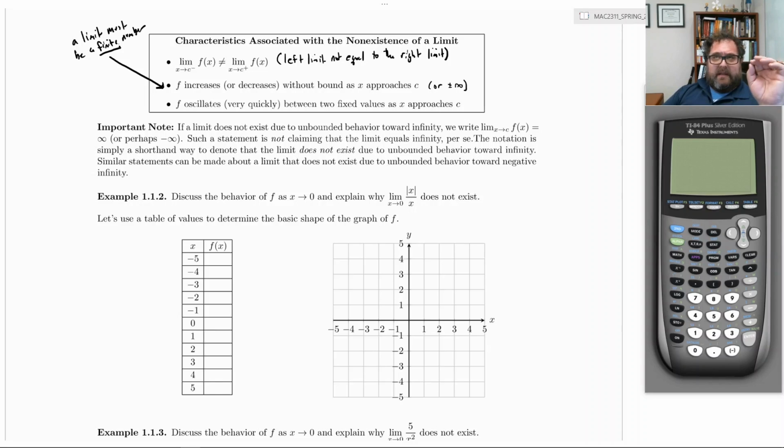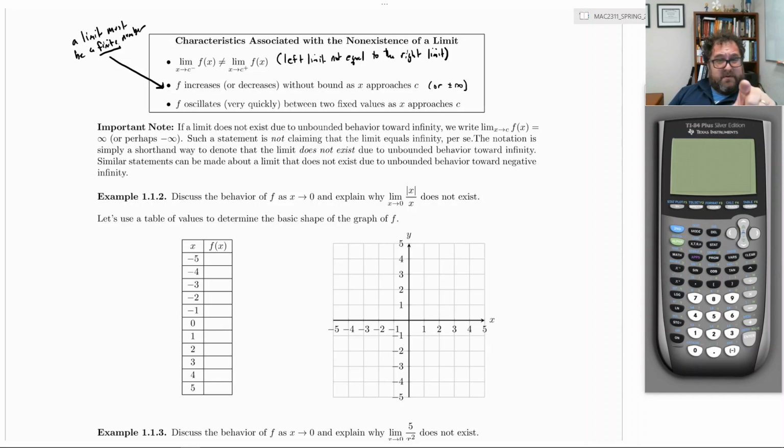And the last one is kind of weird. It doesn't happen, I'd say, in the wild very often. It only happens with specific types of functions, usually involving trig functions. But if a function oscillates very, very quickly between two fixed values as x approaches c, then that will cause a limit to fail to exist. And again, this does not happen very often.